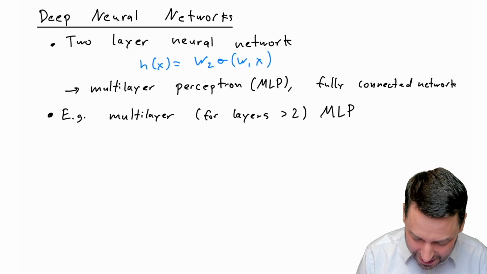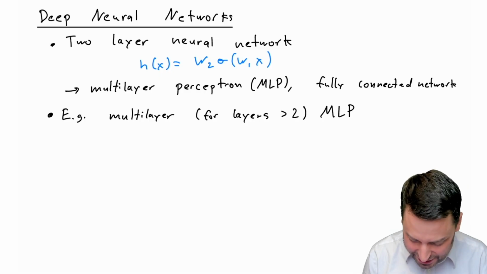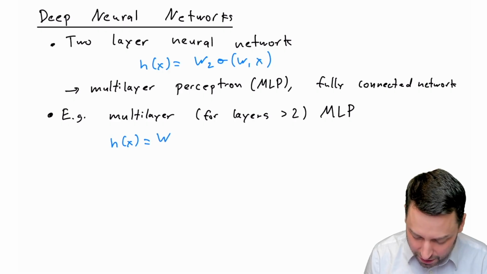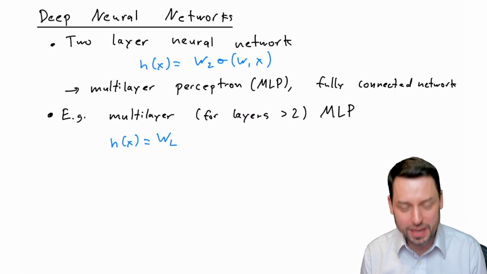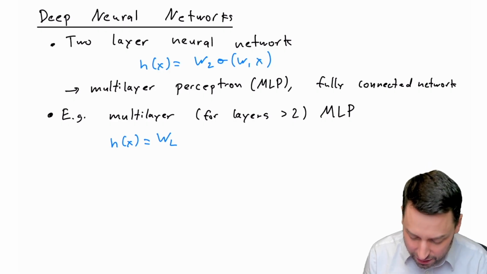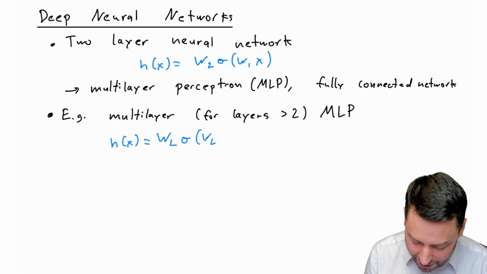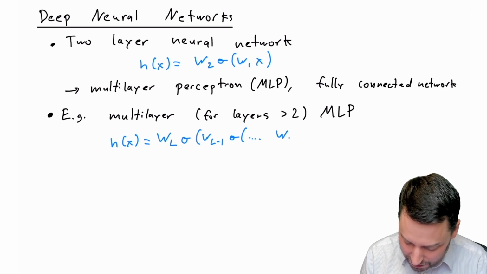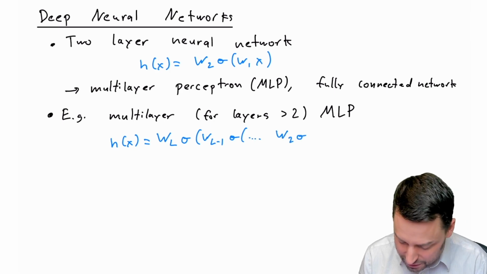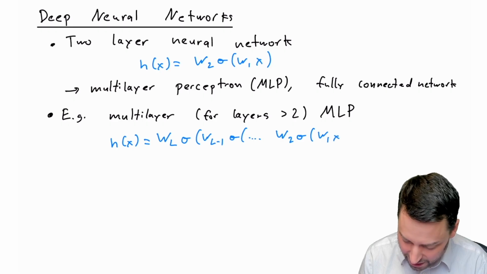So what this would be, for instance, and I'm not going to define each term here, is just a repeated application of the same idea. So we have some W_L times sigma of W_{L-1} times sigma, etc., times W_2 times sigma of W_1 times X, right?